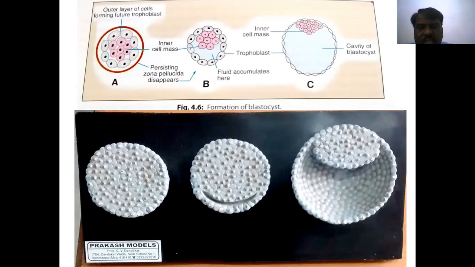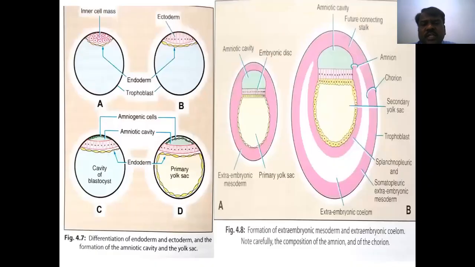Next, see how the inner cell mass and outer cell mass are differentiated. The inner cell mass, also called the embryoblast, forms the ectoderm and endoderm, and then also the third, the mesoderm. So this stage is known as three germ layer formation.